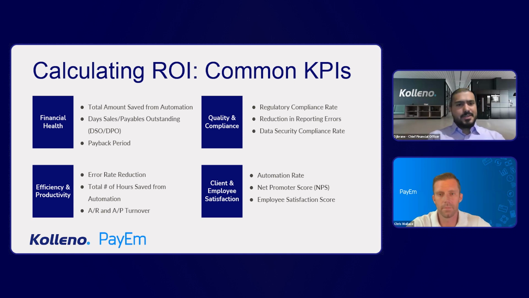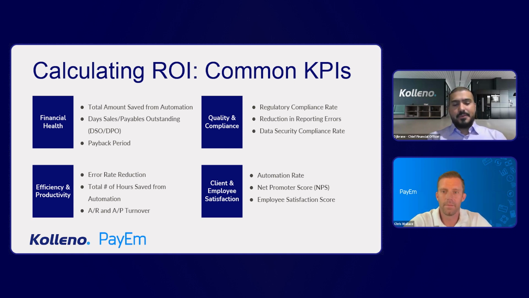And so some of the typical KPIs that we'll often see from an efficiency and productivity perspective, Chris, you touched on this earlier, are error rate reduction, the total number of hours saved from automation, and of course AR and AP turnover. So really focusing on these as potential efficiency and productivity measures. And then on the other side, the quality and compliance element.